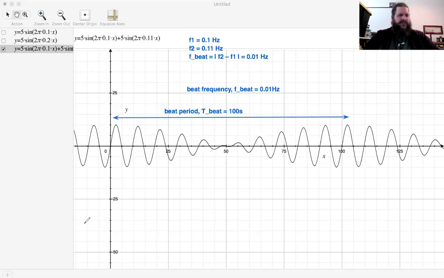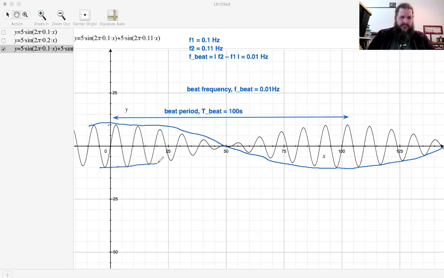It's also sometimes helpful to draw in what's called the wave envelope, which is basically just a curve sketched that encloses all of this. So something like, and this isn't exactly it, but something kind of like that. So that's a rough sketch of the wave envelope.